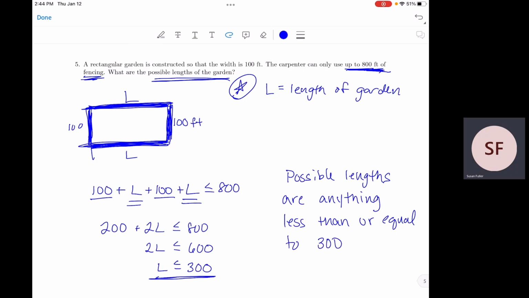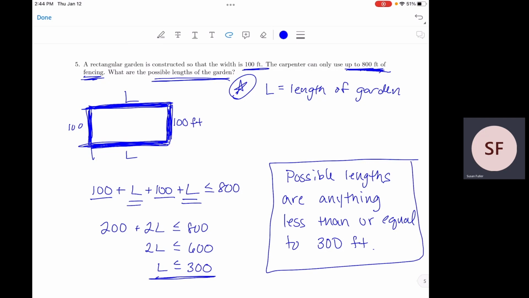And units, 300 what? 300, that's a length, and the units of length in my question are feet, so it has to be less than or equal to 300 feet. That is the answer to our question.